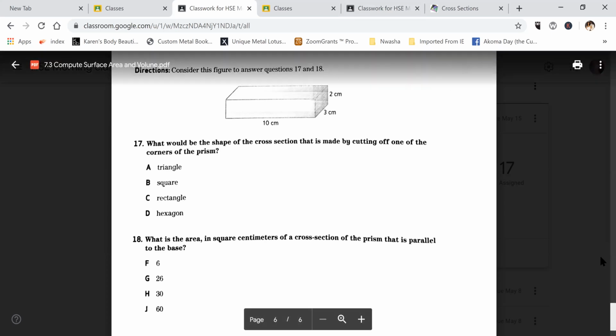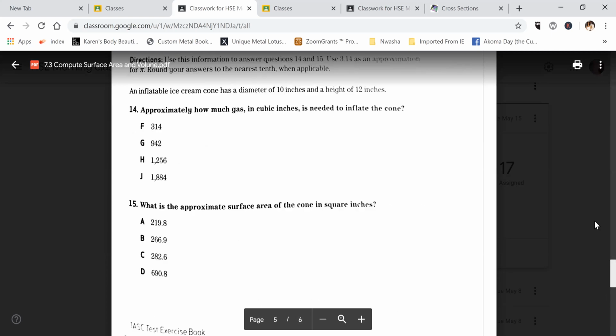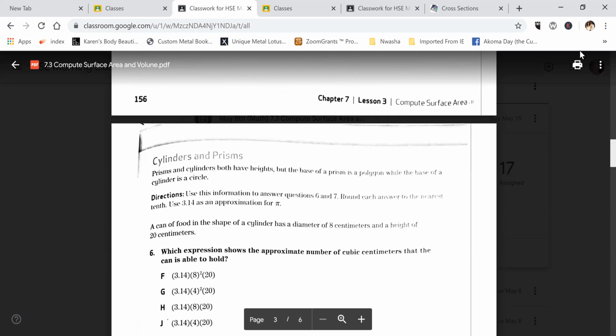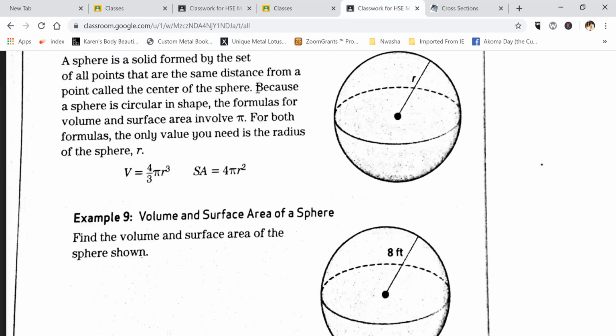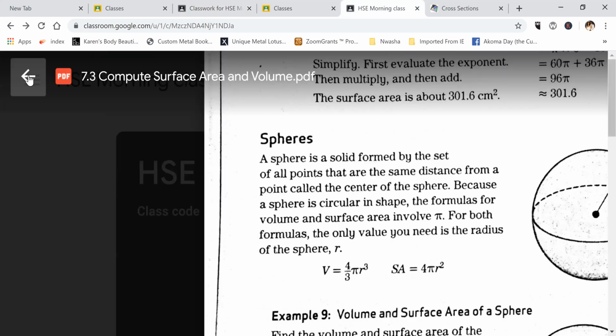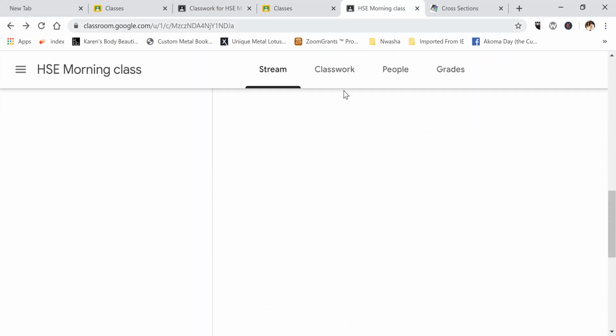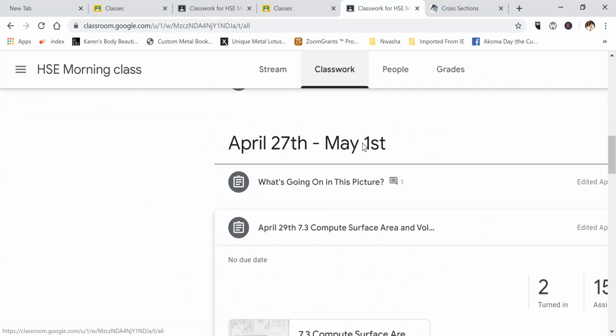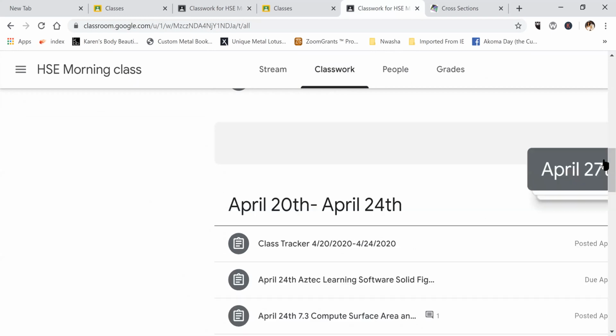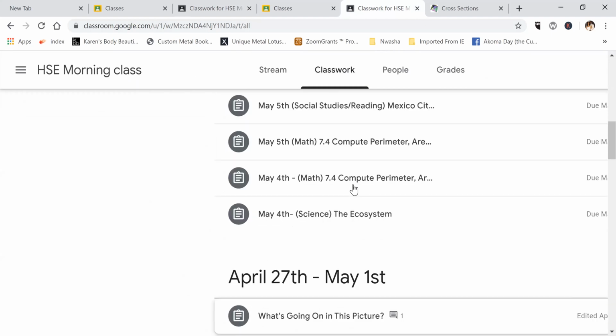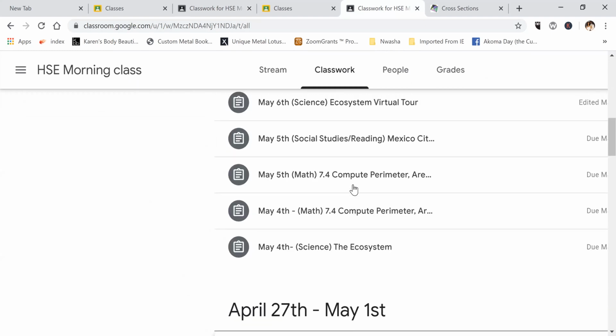7.4 is more of what we're doing now. Yes. So 7.4, if you remember, let me flip back to the classroom. What happened in this textbook was we got volume and surface area in 7.3. And that's what we just finished because we did lessons, we did the online activities, and now we did this quiz that was in the task exercise book.